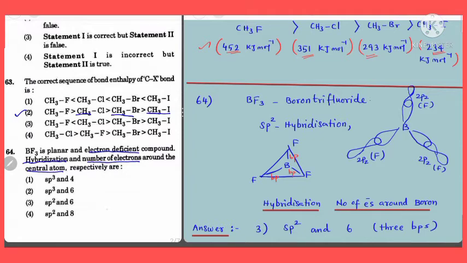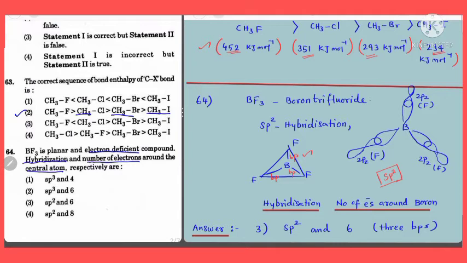Now this is the shape of boron trifluoride. Trigonal planar shape, isn't it? Boron is at the center of a trigonal plane, and the 3 corners are occupied by fluorine. Actually this BF3 is formed by sp2 hybridization. The boron atom undergoes sp2 hybridization.